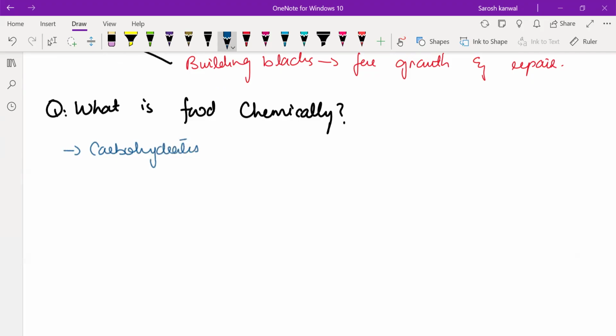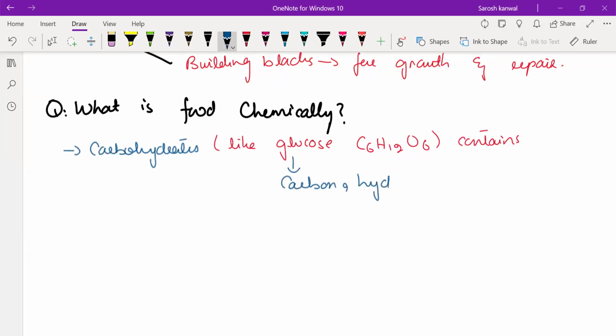We know that the carbohydrates, such as glucose, that is C6H12O6. It contains, very good, Mepsam. It contains carbon, hydrogen, and oxygen, right? And these elements come from where?